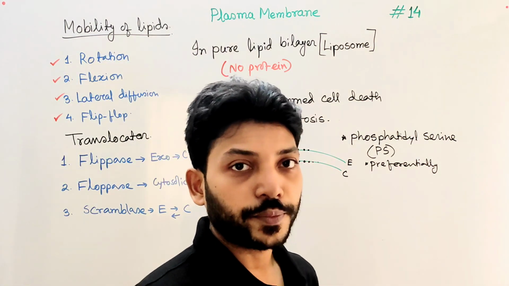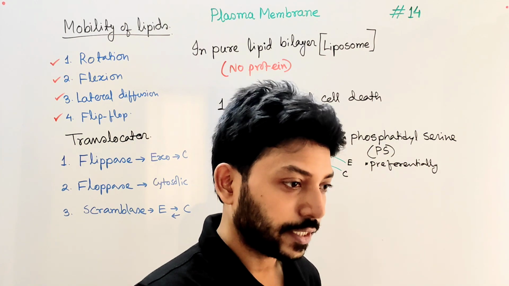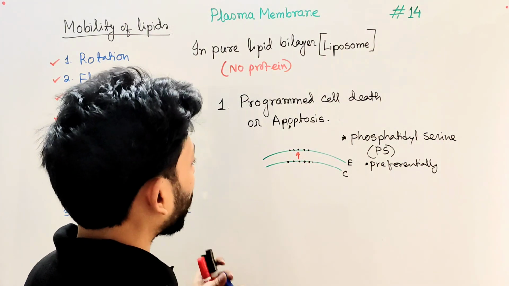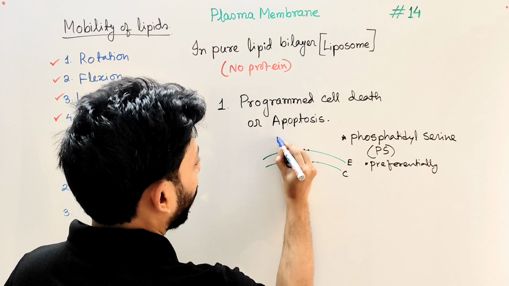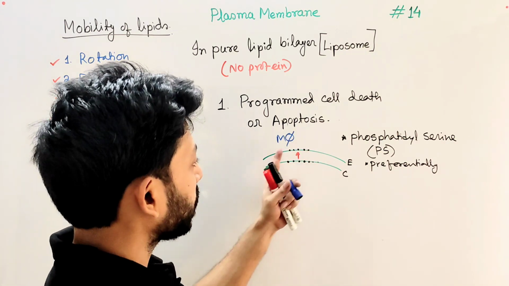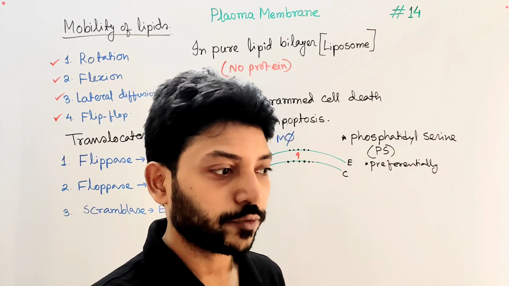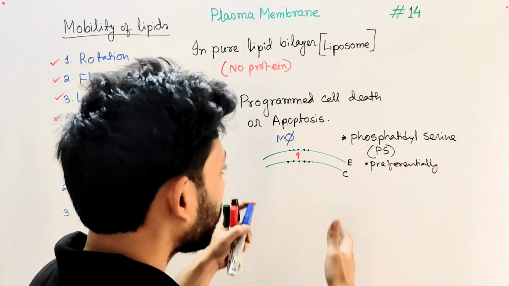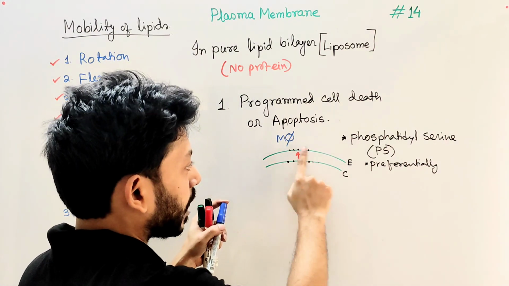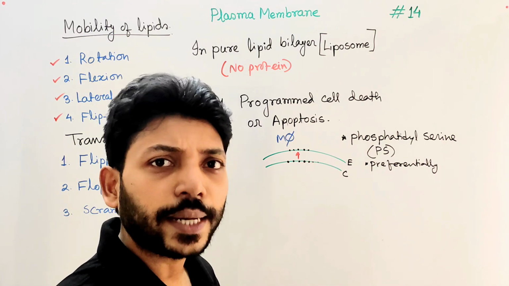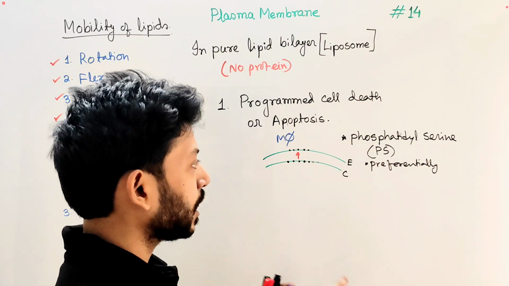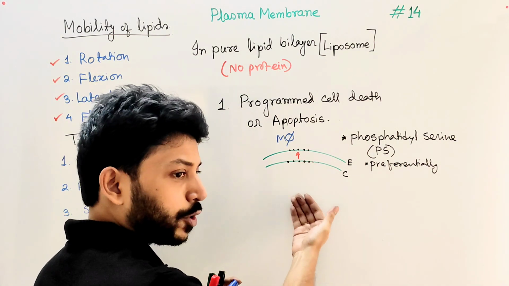Now, in the immune system, there is a phagocytic cell called macrophage. Macrophage recognizes this phosphatidylserine present in the exoplasmic leaflet, because macrophage can differentiate that in healthy cells there is very little phosphatidylserine in the exoplasmic leaflet, but now something has happened to the cell.